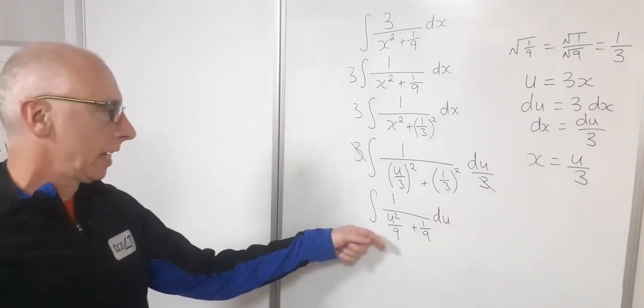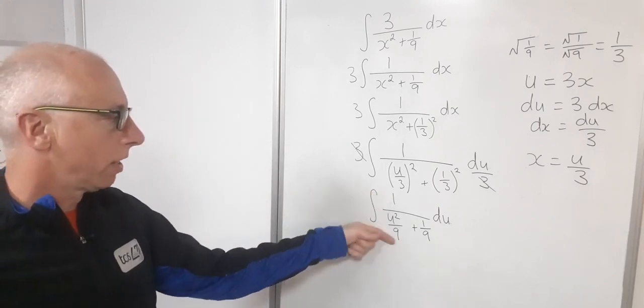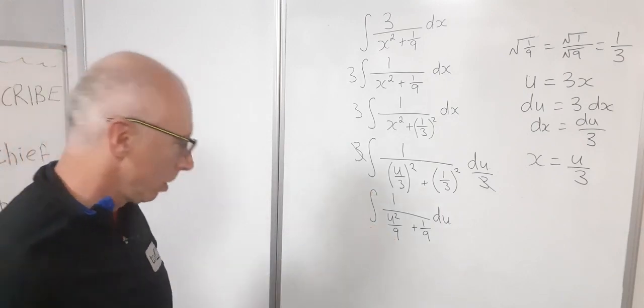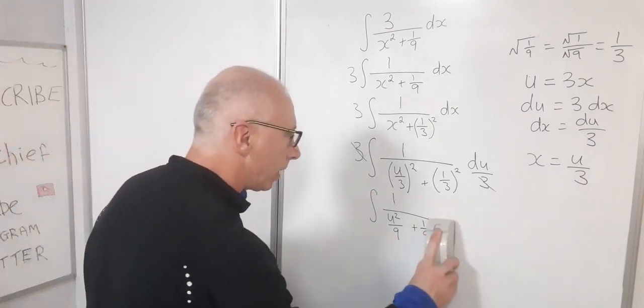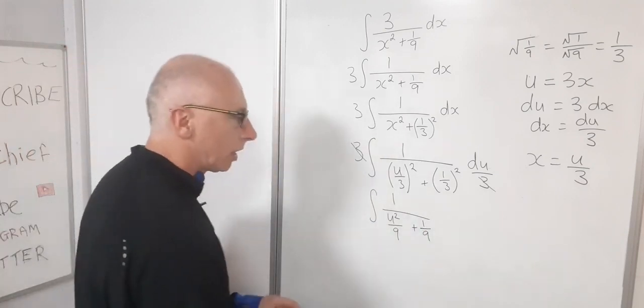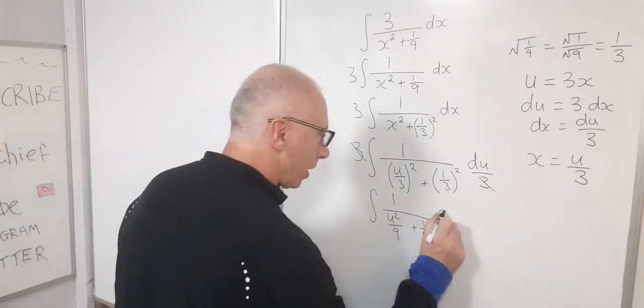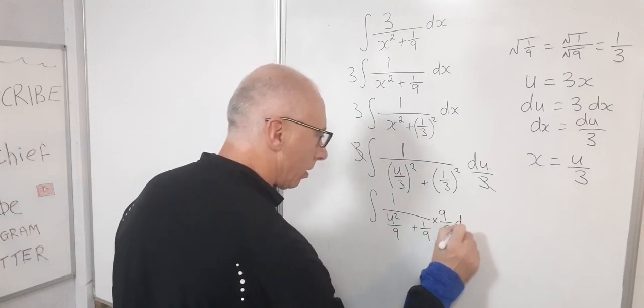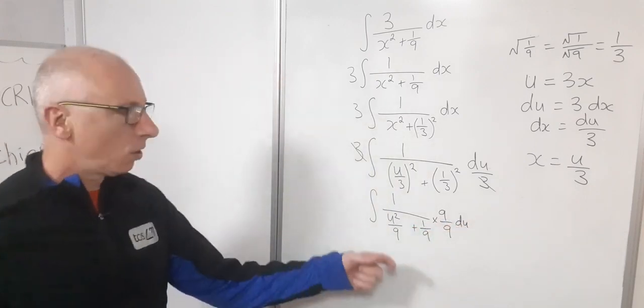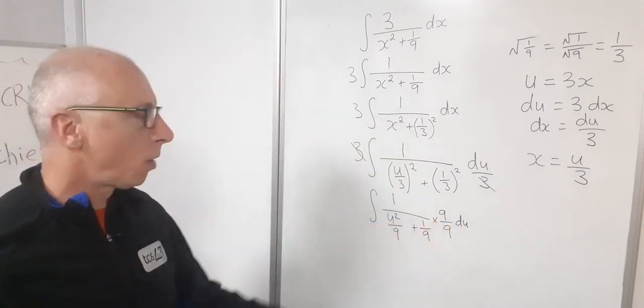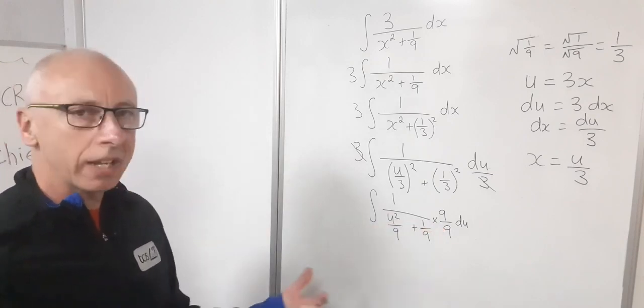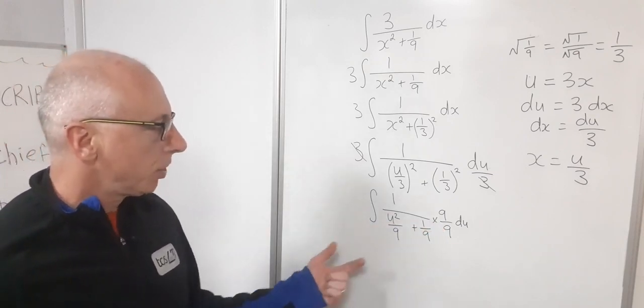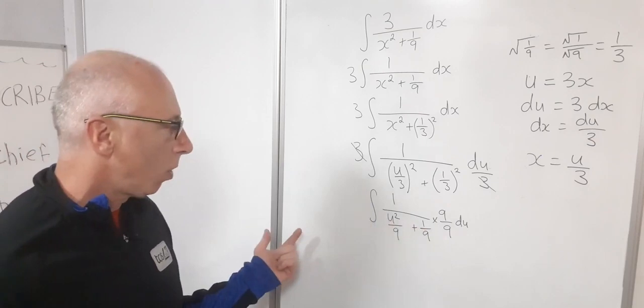Okay, now if I multiply by 9 on the top and bottom, so if I just change this du a little bit to give me a little bit of space. So now if I times this by 9 over 9, just put my du back in, all I'm doing now is multiplying up by 1. So that is fully legitimate, because I'm not changing the value if I multiply by 1.